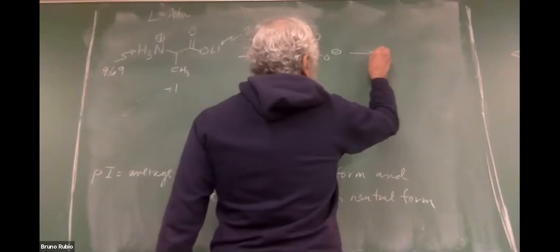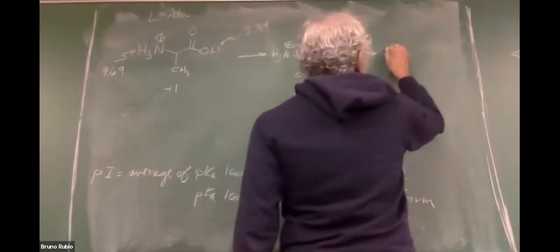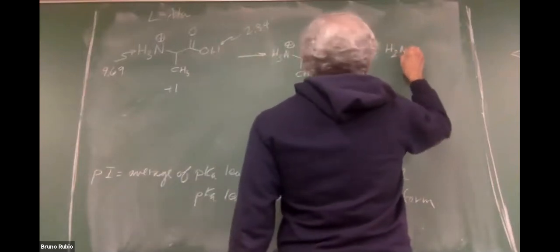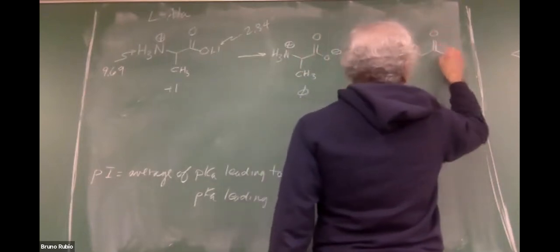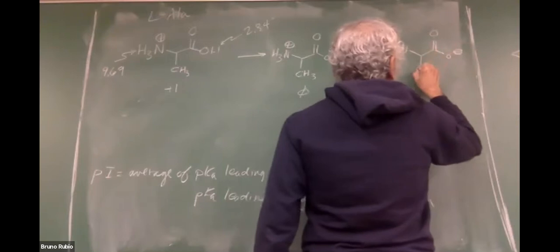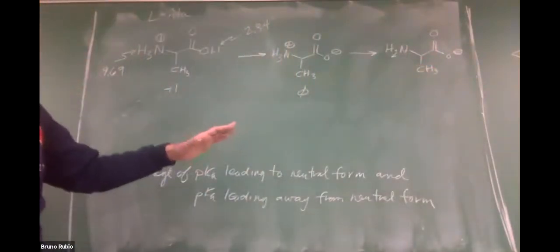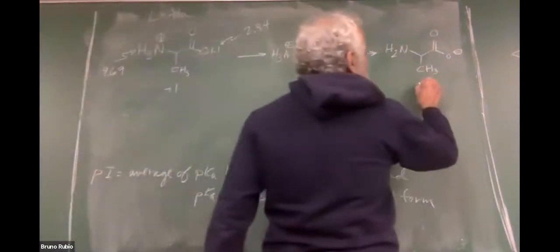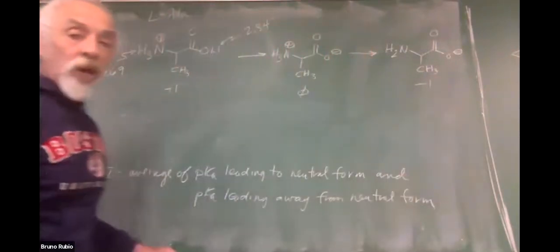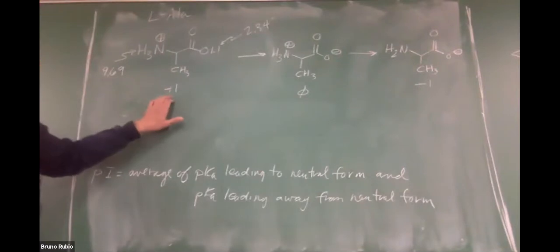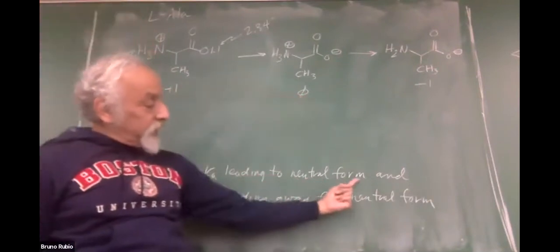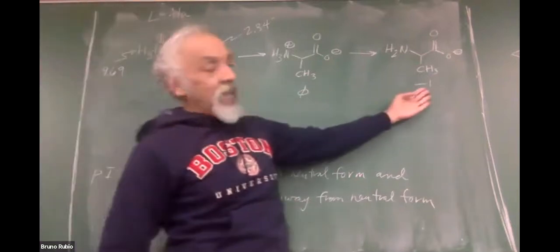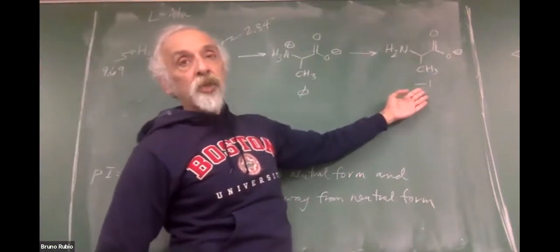And as we keep raising the pH, that least acidic proton, that 9.69 proton, falls off. And so if we raise the pH even more, we get this. This is the anionic form. This is the cationic form, +1. This is the neutral form. And this is the anionic form, -1.